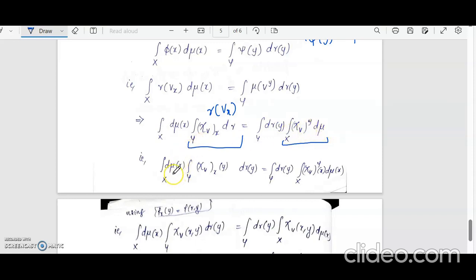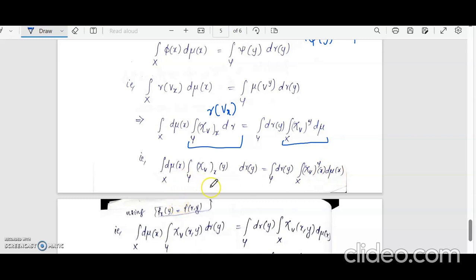So this becomes integral over x d mu integral over y chi v of x dr, and integral over y dr integral over x chi v of y d mu.